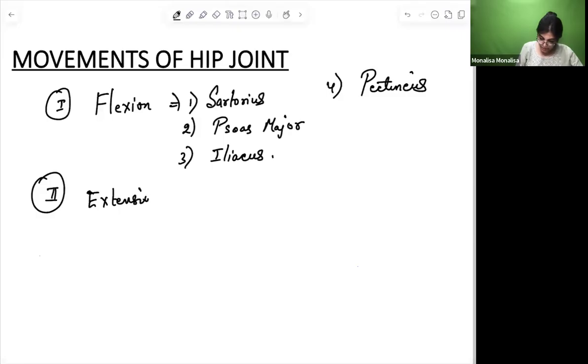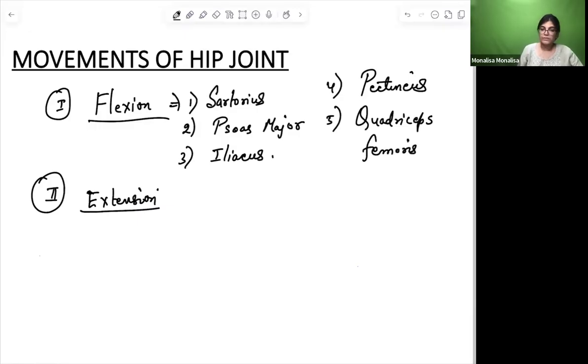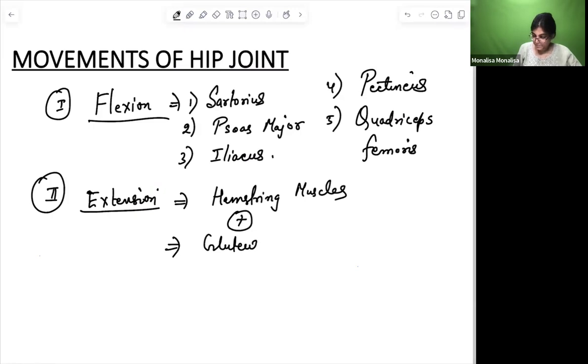Extension. Also by quadriceps femoris muscle. Extension is done by hamstring muscle plus gluteus maximus muscle.